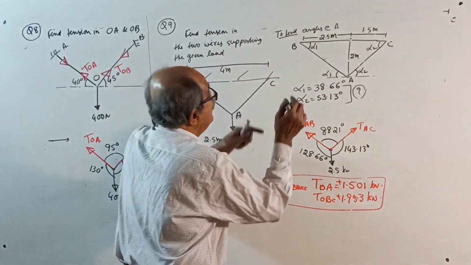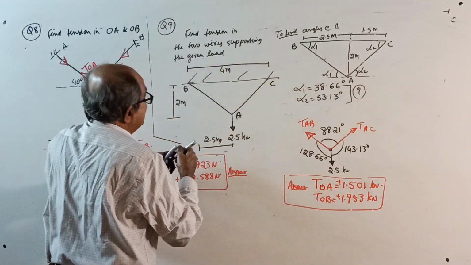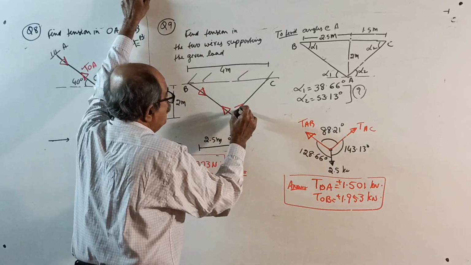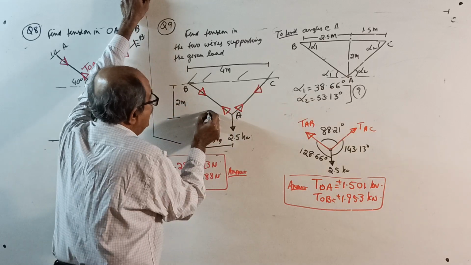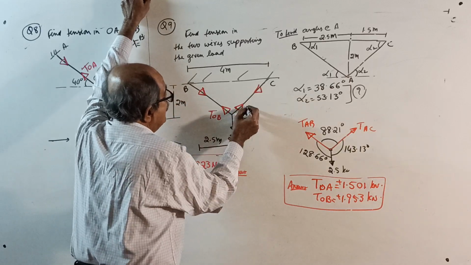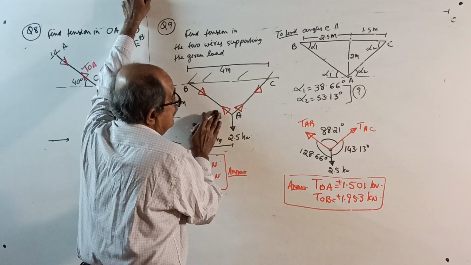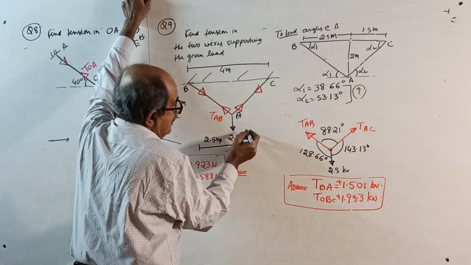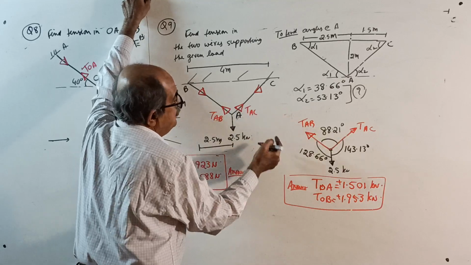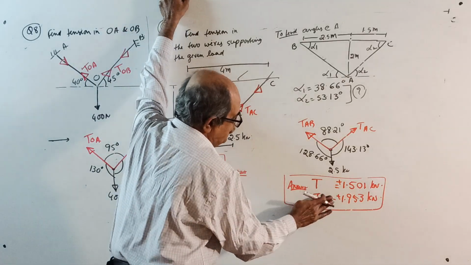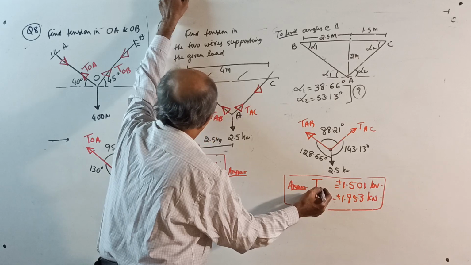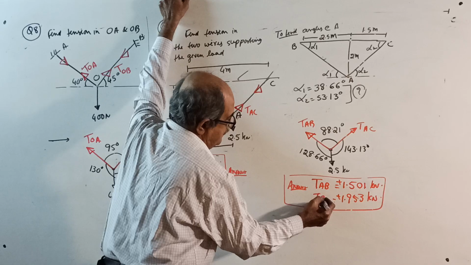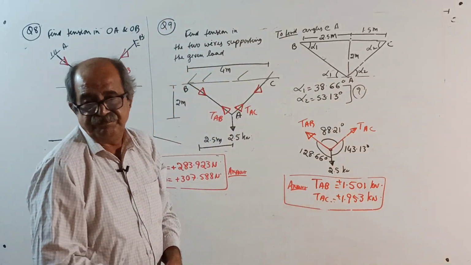But before that, put the sketch once again, second time, and show clearly the tensions. This time it is T for AB and T for AC. Solve all these questions.